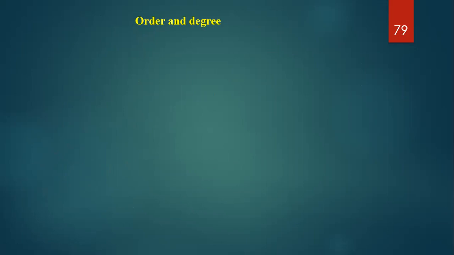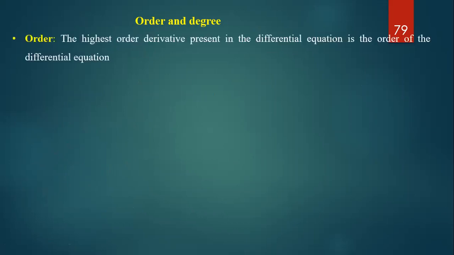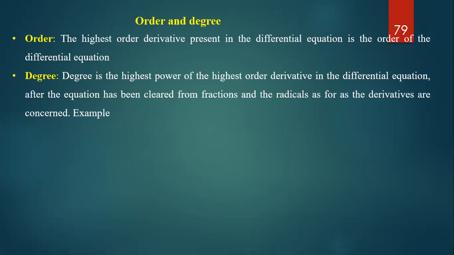We must identify what is the order and what is the degree. The order is the highest order derivative present in the differential equation. And degree is the highest power of the highest order derivative; the highest order derivative may carry some power, and that is called the degree.